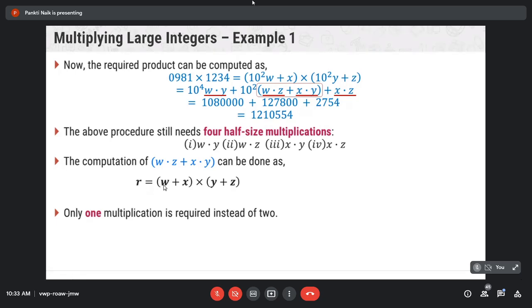R is equal to (w plus x) into (y plus z), which is equal to w into y plus w into z plus x into y plus x into z.